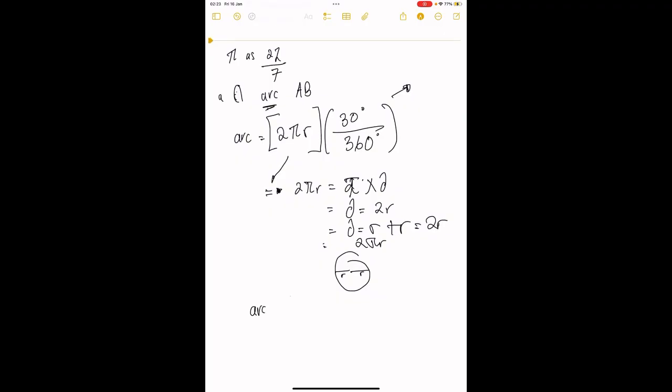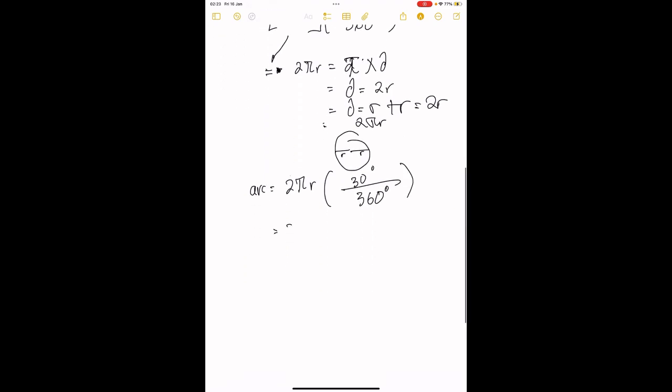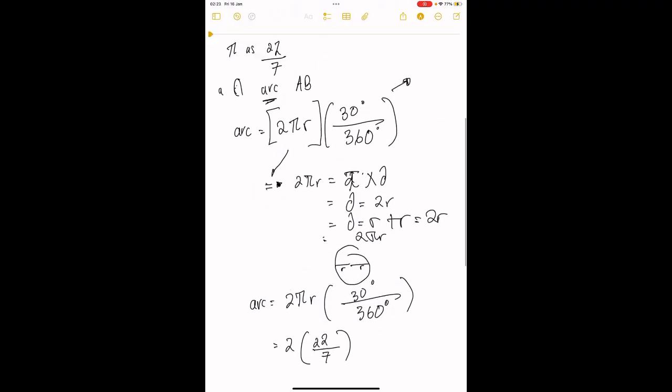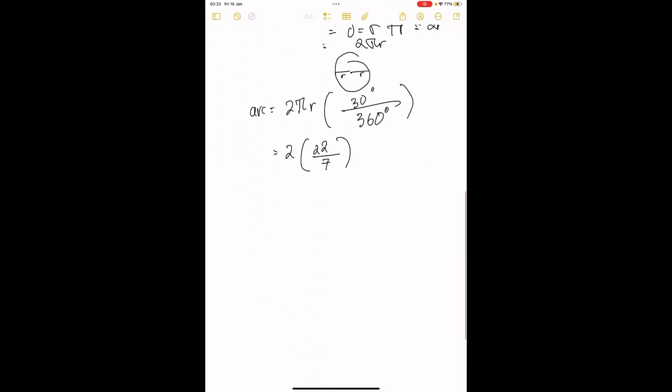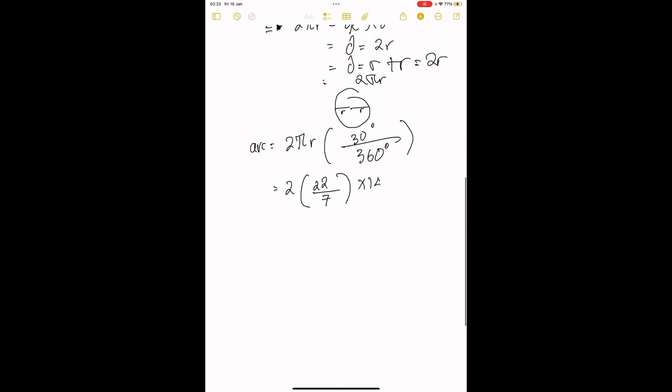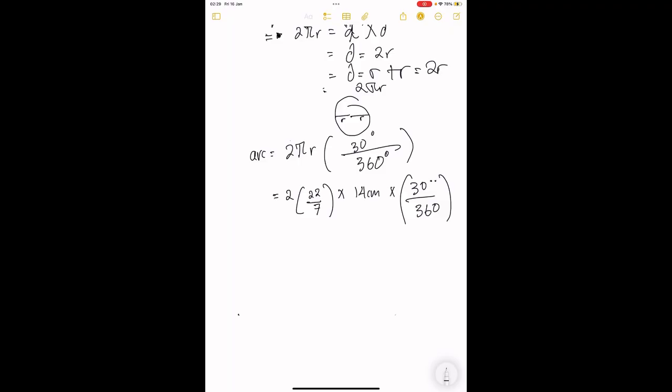Going on, we have the arc as 2 pi r multiplied by 30 degrees over 360. But now we are taking pi as 22 over 7 multiplied by the radius 14 centimeters multiplied by our ratio. And then we're going to simplify.